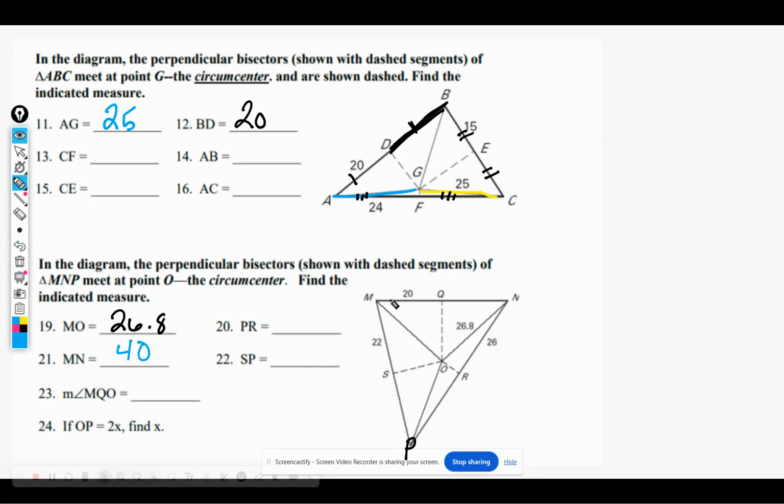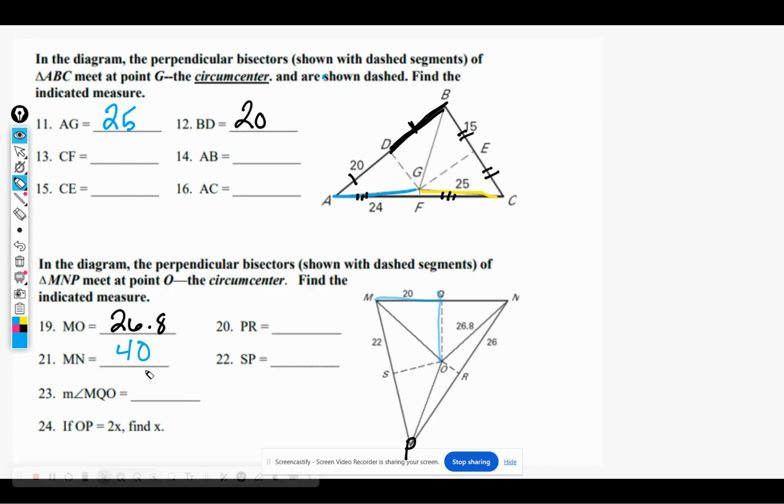Okay, let's look at MQO. My angle is not straight, but you're going to get the point. If we're looking at MQO, that angle identifies as what type of angle to you?